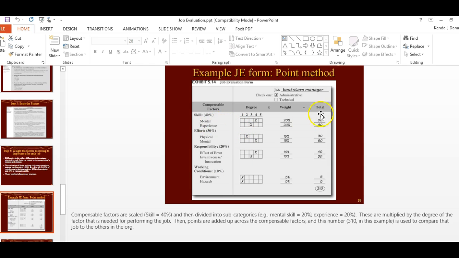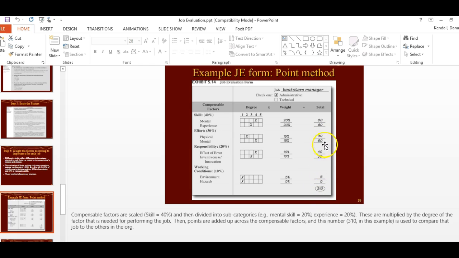All right, so the way that we get this total then is we take the degree 4 and multiply it by 20, and that gives us 80. We take this 3 and multiply it by 20, it gives us 60. And this is 2 for the physical effort, multiply it by 15 and we get 30, and so on down the line.